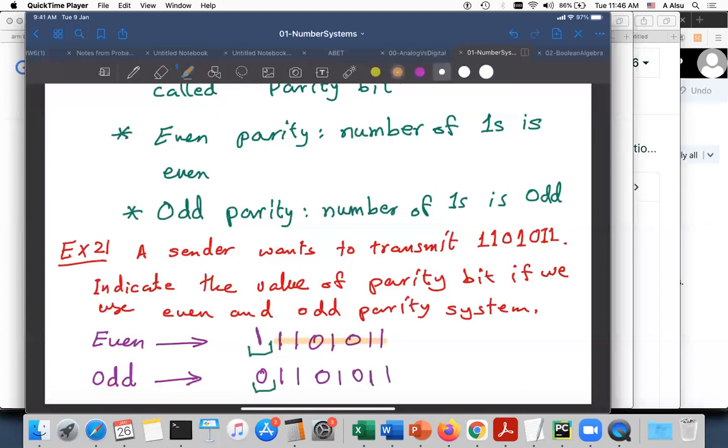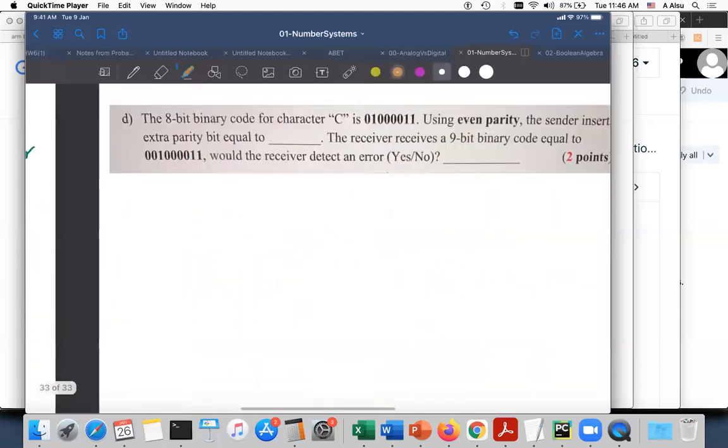Is it odd or even? Odd. Okay, so we're using an even parity, so an odd number of ones doesn't work for us. So we add a parity bit to make the total number of ones even. Do we add a 0 or a 1? A 1. Okay, so you get it now, right? Yes. Okay, great.